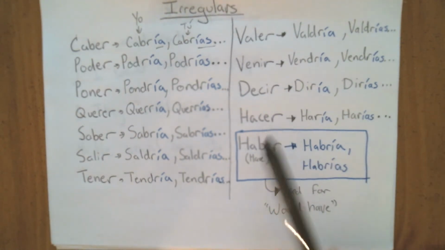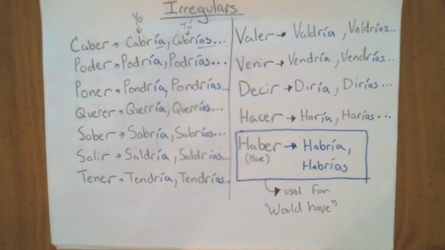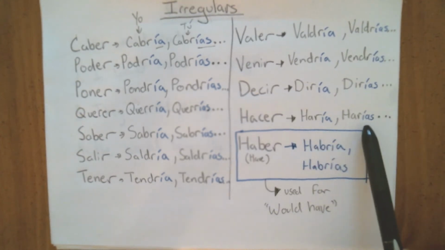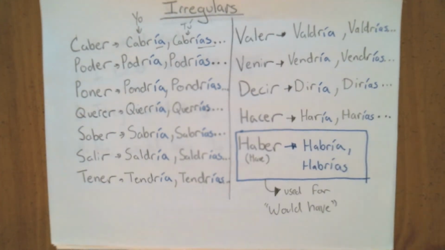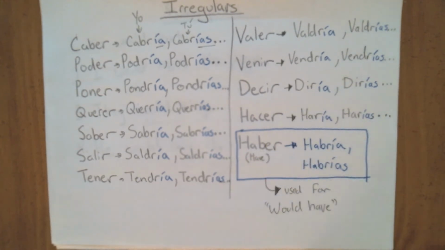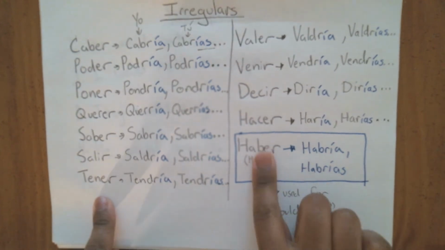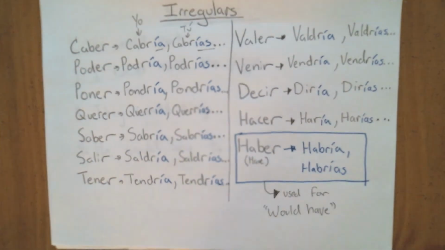Now, hacer, meaning to do or to make. When you say I would make or I would do, haría, not hacería, haría, or you would make or you would do, harías. And now we come to a very interesting verb known as haber. And haber basically means have, but it does not mean have in the way that tener means have. These are two very different verbs. Do not confuse them.